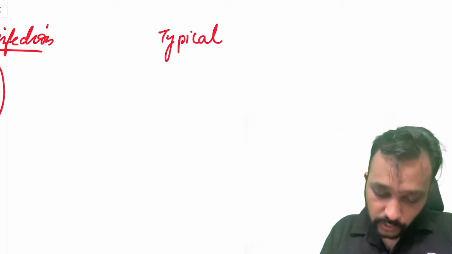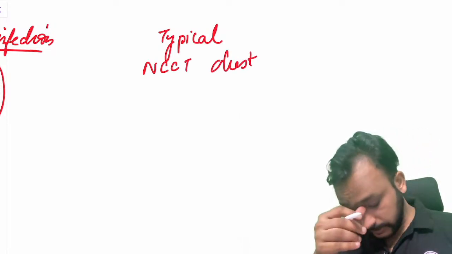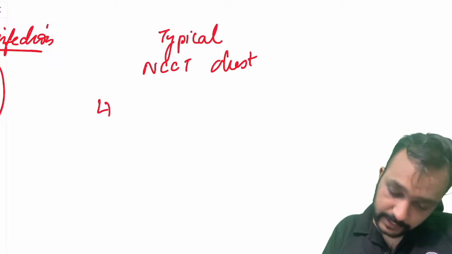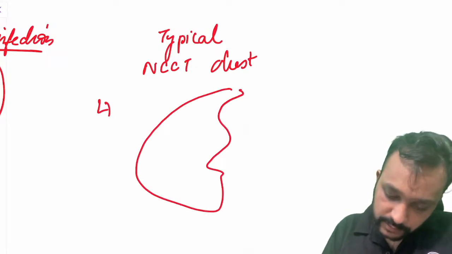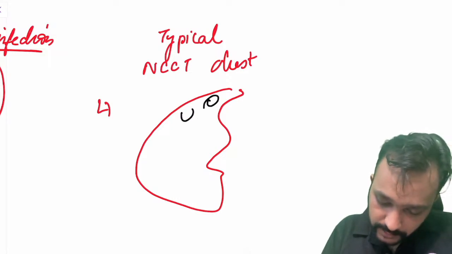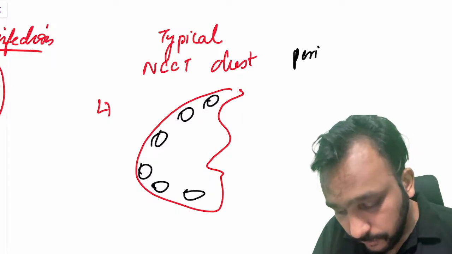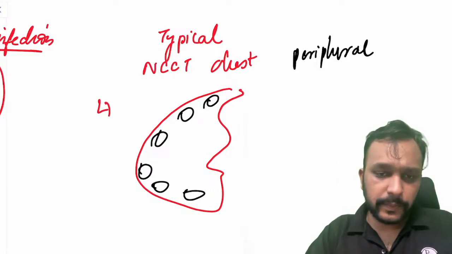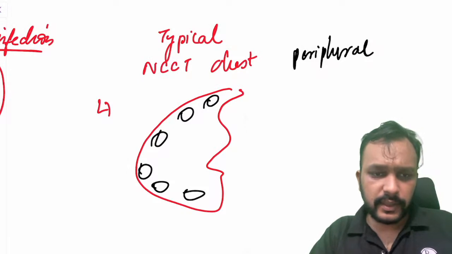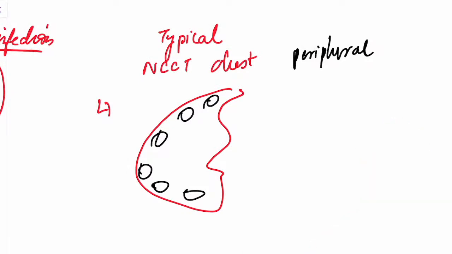So you will go for an NCCT test in these patients, and within the NCCT, what you are going to see, you will see areas of peripheral ground glass opacity. Peripheral areas of ground glass opacity will be seen in these patients, right?